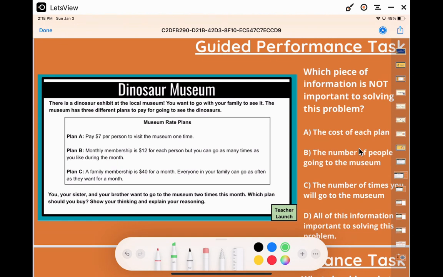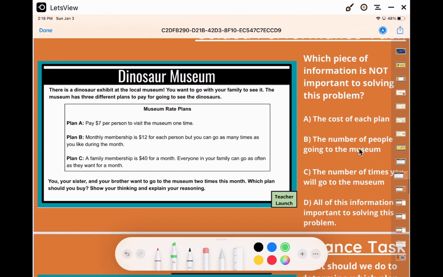So again, we're thinking through our question right now, guys. Which piece of information is not important to solving this problem? Is it A, the cost of each plan?